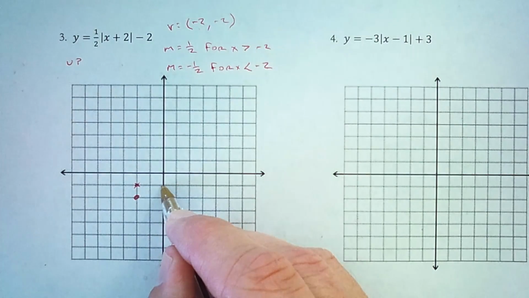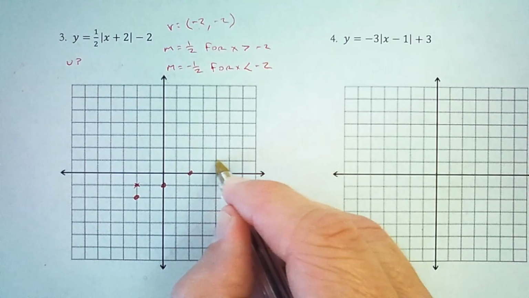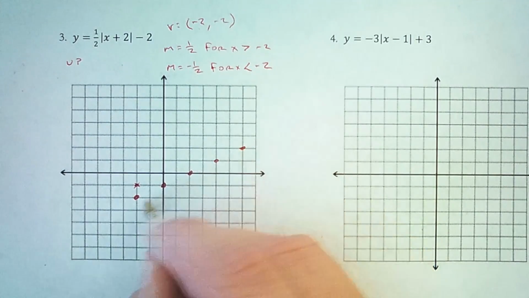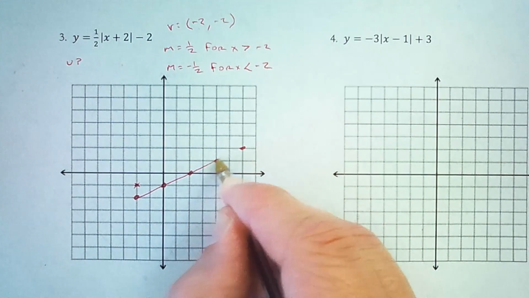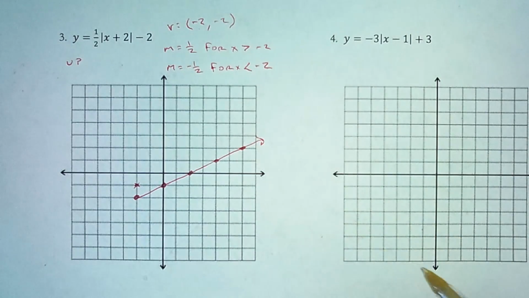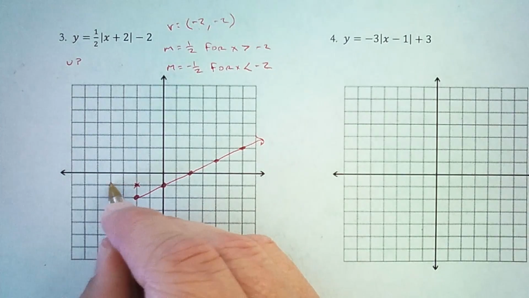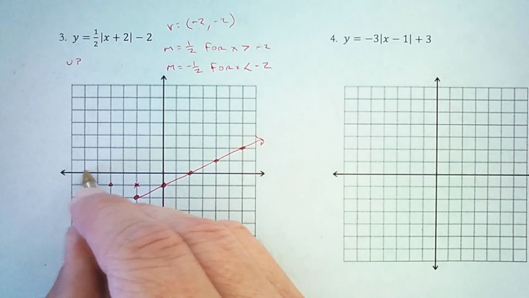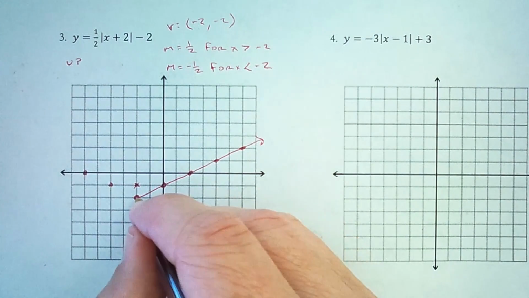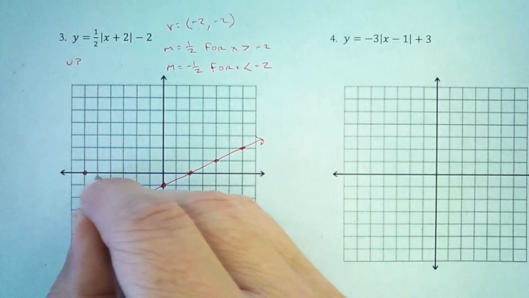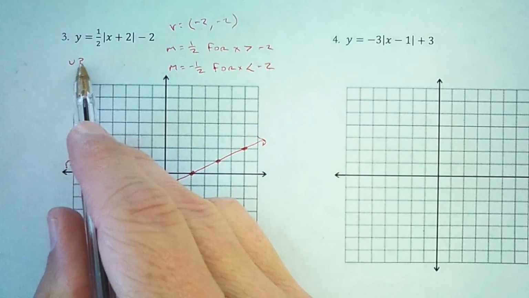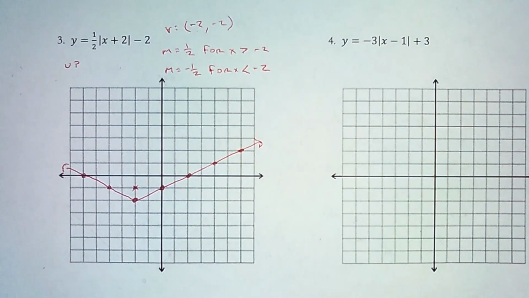So that's up 1 and right 2. And again, up 1 and right 2, as many times as I can fit. There is the right side of my graph. Then the slope is negative 1/2. So instead of up and right, let's go up and left. Up 1 and left 2. And there's the left side of my graph, and I have a V that opens upward.